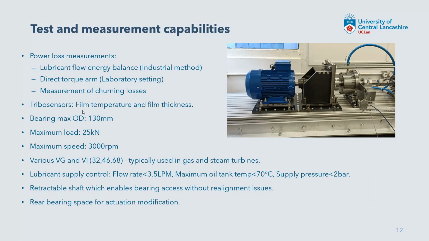It has the retractable shaft, which enables bearing access without these realignment issues. So you don't have to disassemble all the system. You can just retract the bearing from the collar, take the bearing out and analyze the bearing. And then there is rear bearing space for actuation and modifications.